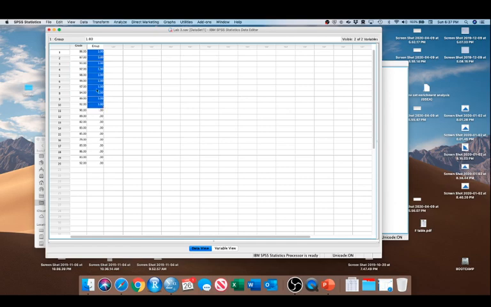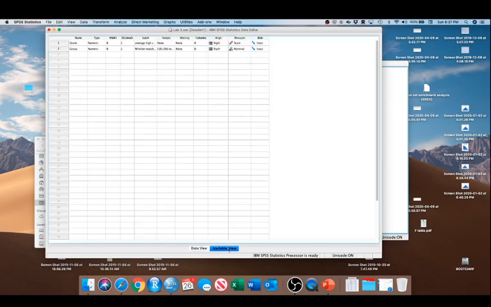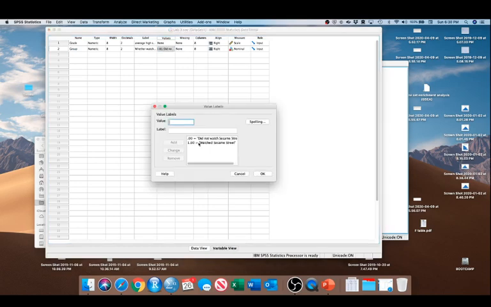So we have 10 participants who are in group 1, which is, let's see, so group 1, I said they watch Sesame Street. So what I did was I just went to variable view, and then I went to my group variable, and I put in a label for 1 is students who watch Sesame Street, and 0 are students who did not watch Sesame Street.